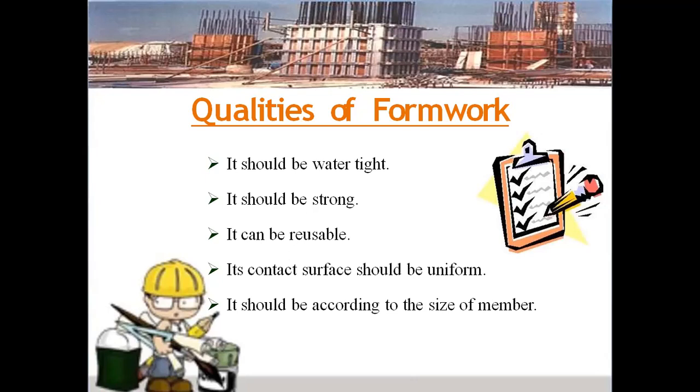It should be according to the size of the member. If the size of the slab we are laying is 20 by 40, the formwork should be of that same size. It should not be extra or short, because additional pieces mean additional joints in the formwork, where leakages may happen and bleeding water can percolate through the gaps at the joints.